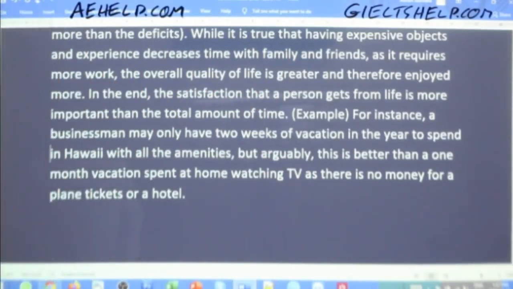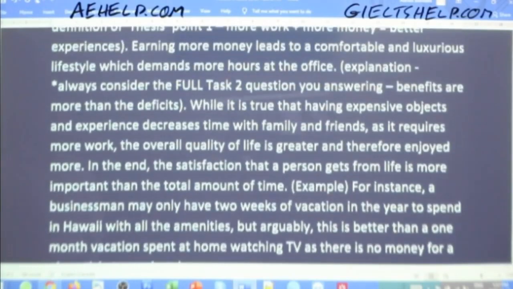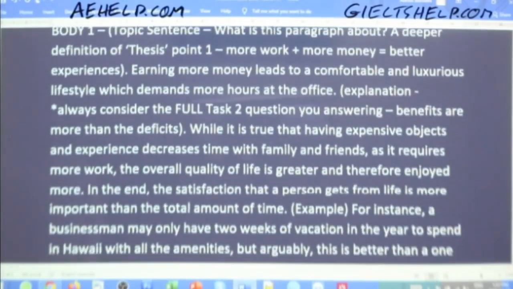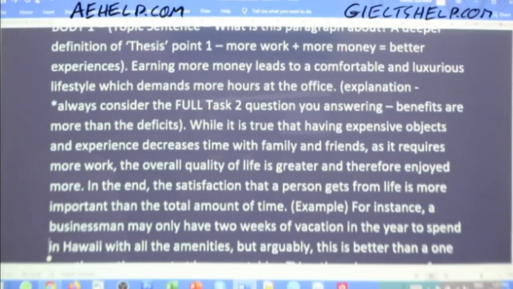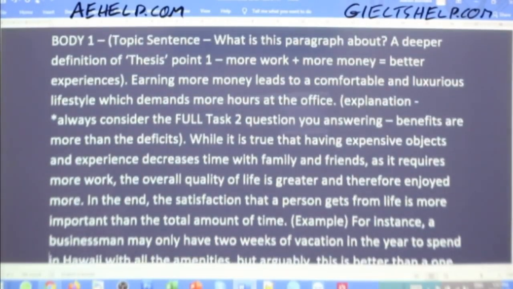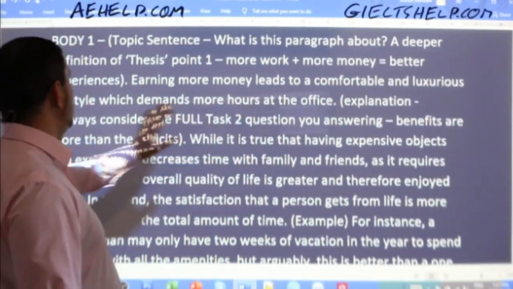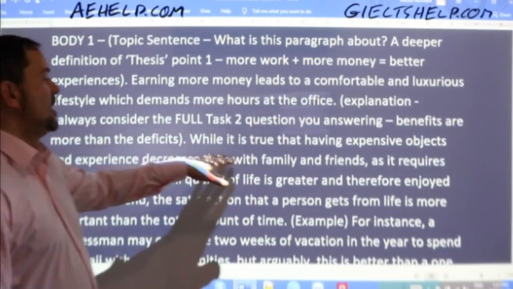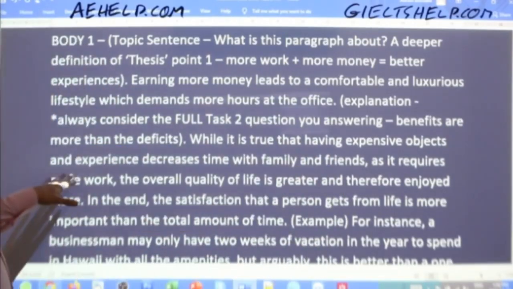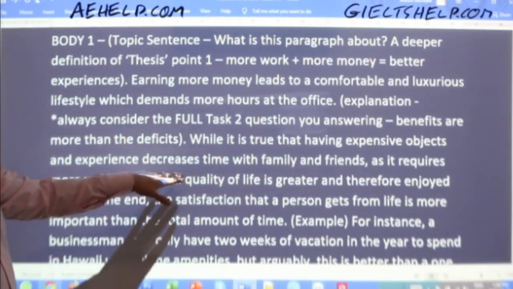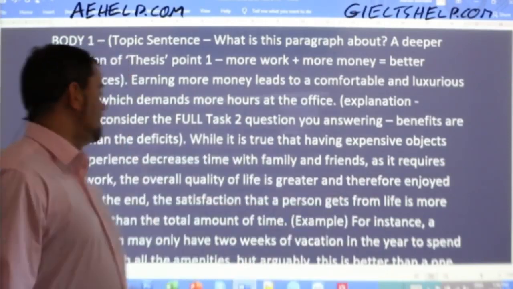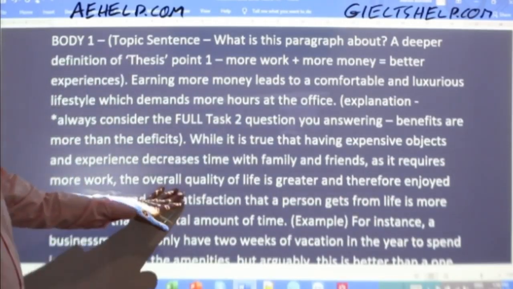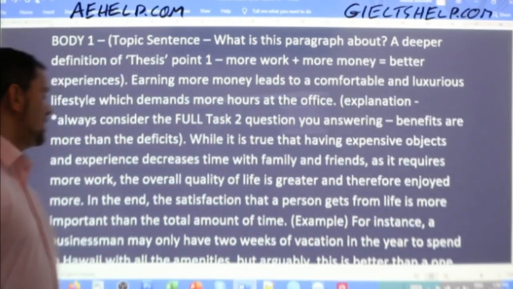Absolutely. Okay. So let's read what I have so far, and then you can tell me what kind of a sentence or what idea should follow. So earning more money leads to a comfortable and luxurious lifestyle which demands more hours at the office. While it is true that having expensive objects and experiences decreases time with family and friends, as it requires more work, the overall quality of life is greater and therefore enjoyed more.